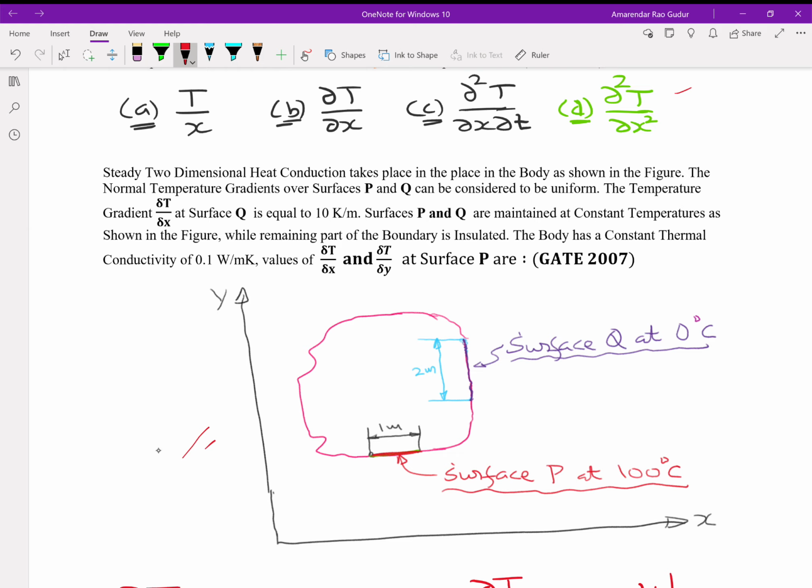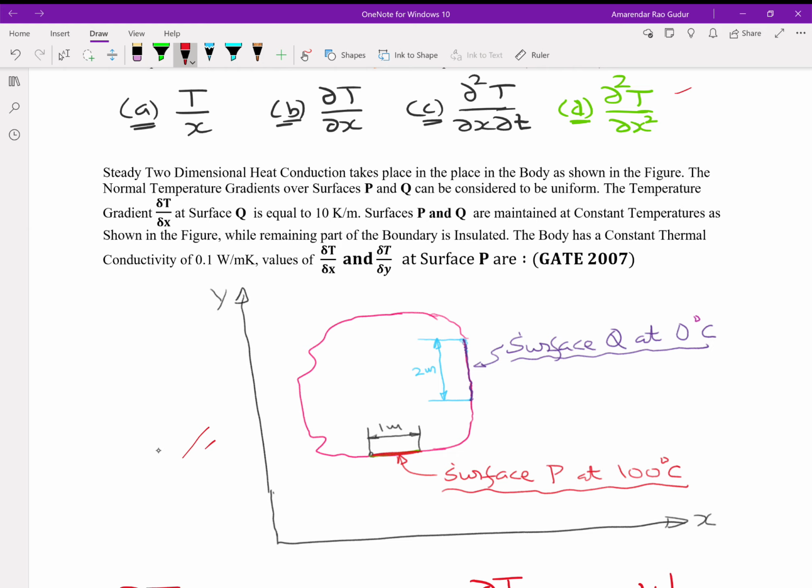Surfaces P and Q are maintained at constant temperatures of 100 degrees centigrade for P and 0 degrees centigrade for Q, while the remaining part of the boundary is completely insulated. The body has a constant thermal conductivity of 0.1 watts per meter Kelvin.